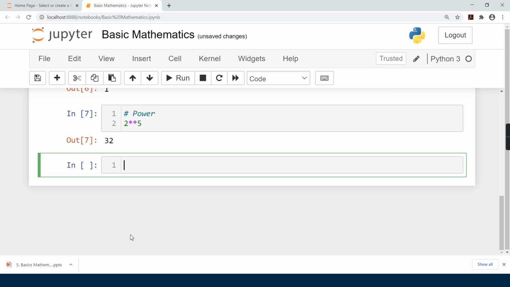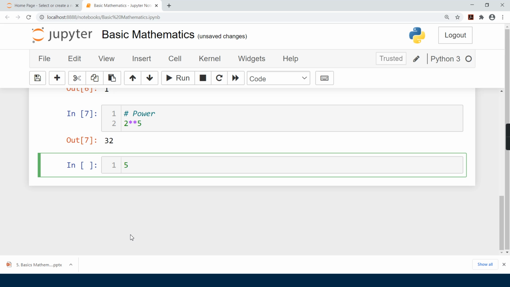That is 32. Now, using the exact same thing, you can actually carry out taking square roots, or any other root for that matter. So let's say I want the square root of 5.